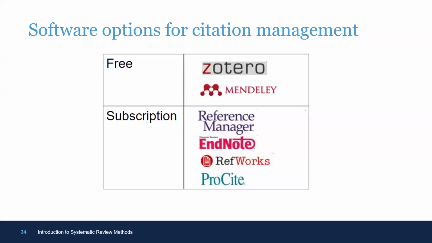So let's start with this. There are software options for citation management. We have free ones, like Mendeley is free, and I'm so sure most people are using that. Zotero is also free. You don't have to pay anything, and you can use it at any time. But there are those which you have to pay a subscription for, like EndNote.